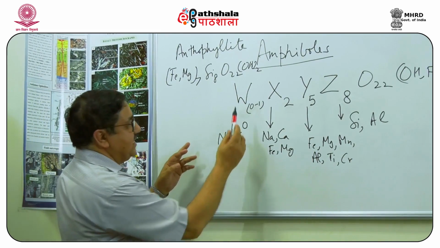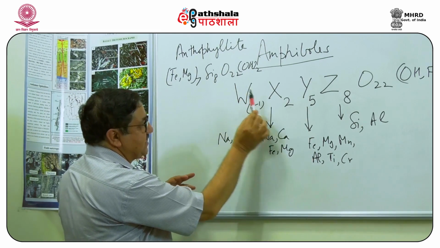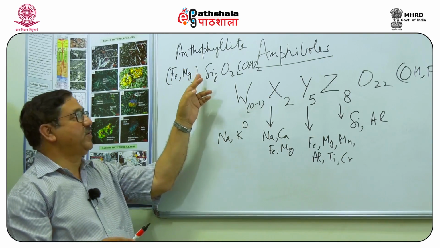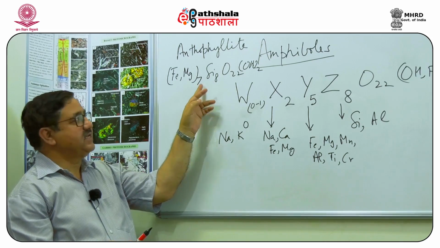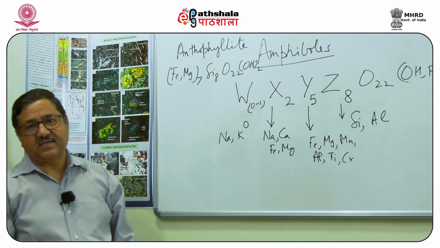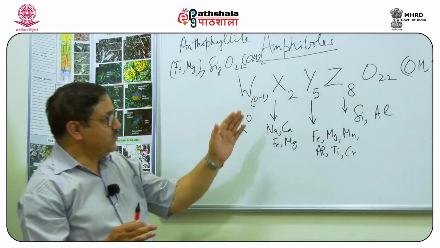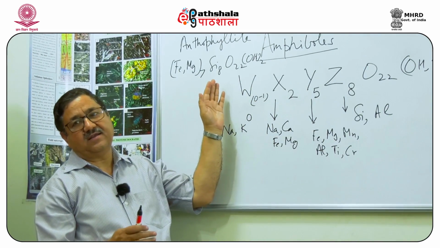You see that it has a vacancy in this site, and these two sites are combined together to produce 7 cations, and this represents one type of amphibole which lacks calcium and which lacks higher cation coordination.